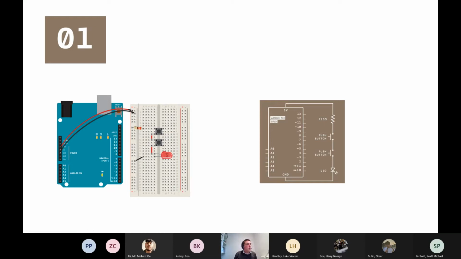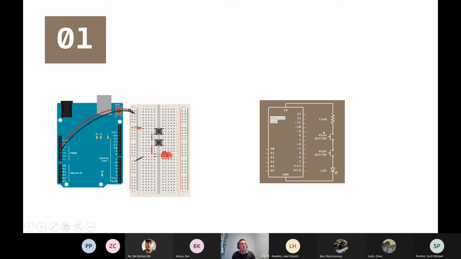This one is almost exactly the same, but it has 2 push buttons. So in both the cartoon and the block diagram, we've gone from 1 push button to 2 push buttons. When I was talking about this circuit before, I said that when the single button is pushed, everything's connected up, and so current flows through the circuit.